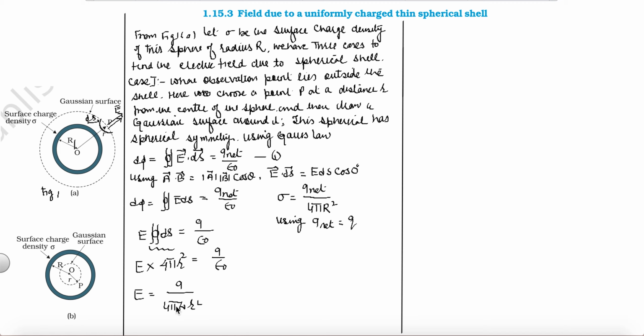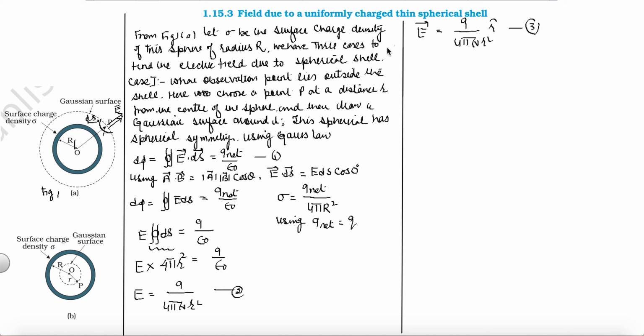As electric field is a vector quantity, E vector is equal to q upon 4 pi epsilon 0 r square in the direction of r. This is equation number 3.